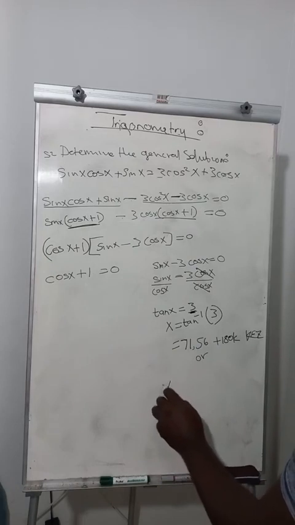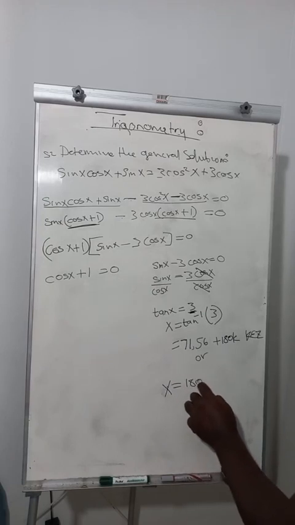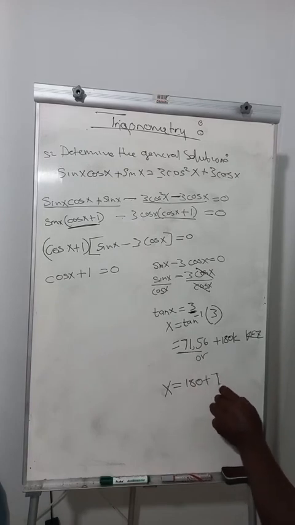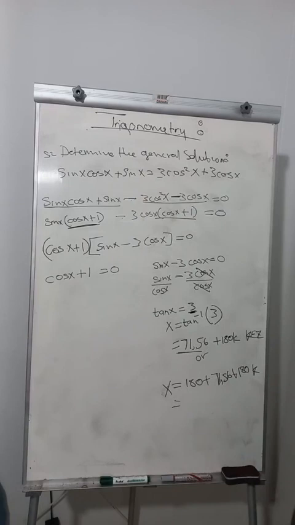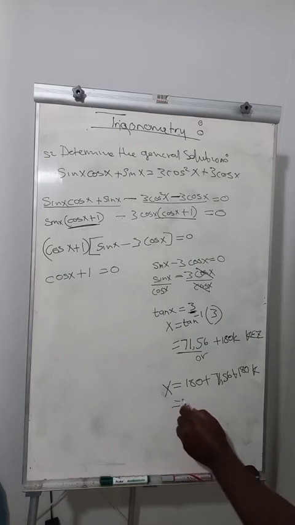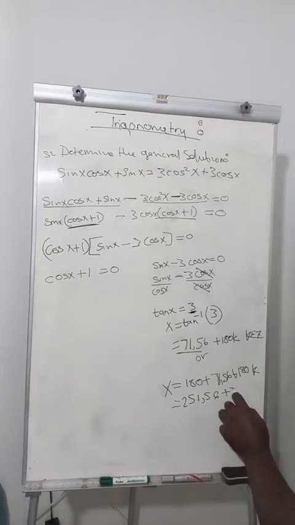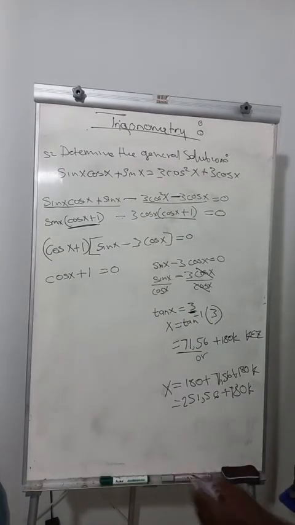So x is equal to 180 plus the reference angle, mind you, which is 71.56, plus 180k. This gives you 251.56, then plus 180k.